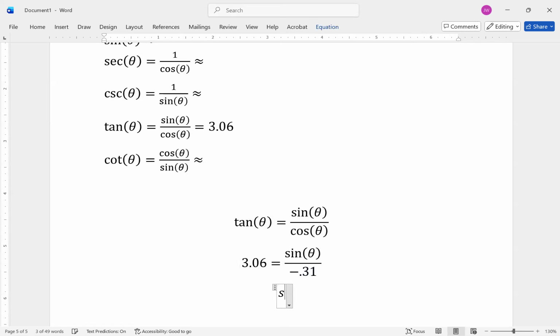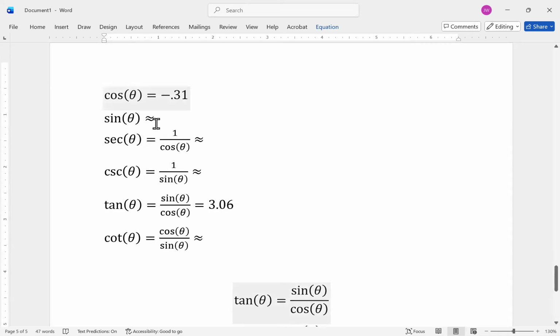So sine of theta, if I round it to 4 decimal places, I'd get an exact negative 0.9486. Rounded to 2 would be about negative 0.95. So I think I'll use the approximate value. These are most likely approximations anyways. So let's just use negative 0.95.